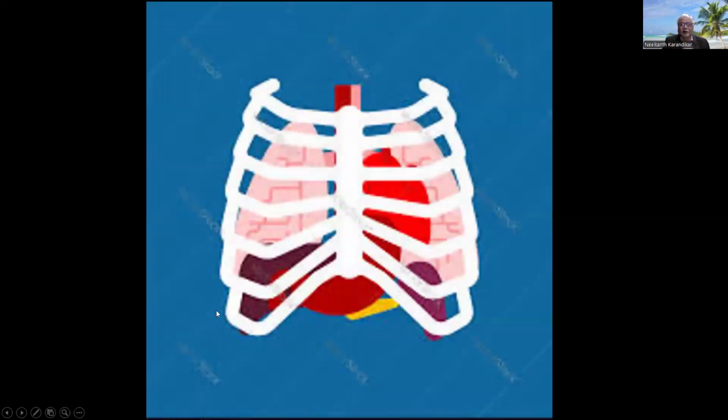We know that the heart is enclosed in the rib cage. This is the heart, these are the two lungs by its side, and this in white is shown the rib cage. And there are muscles connecting the ribs.